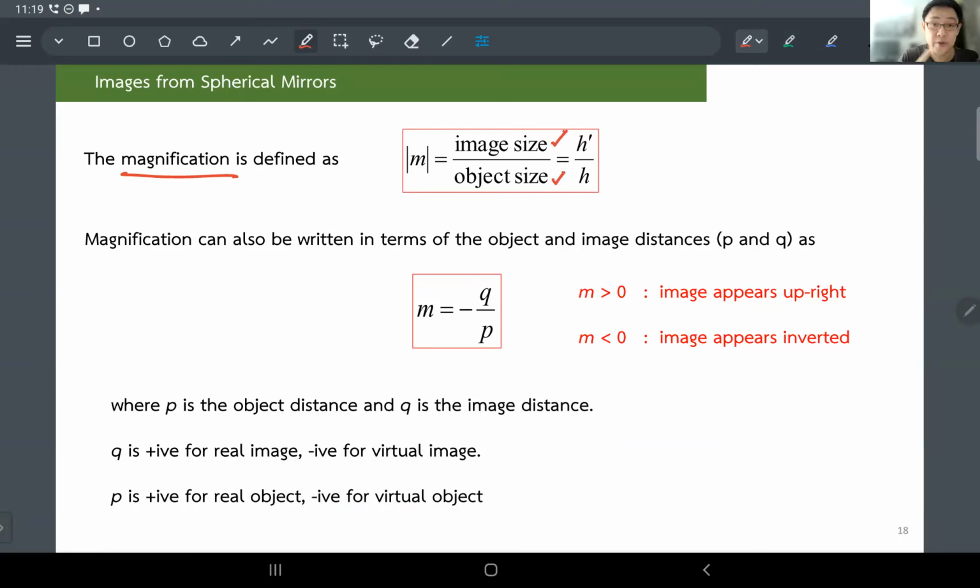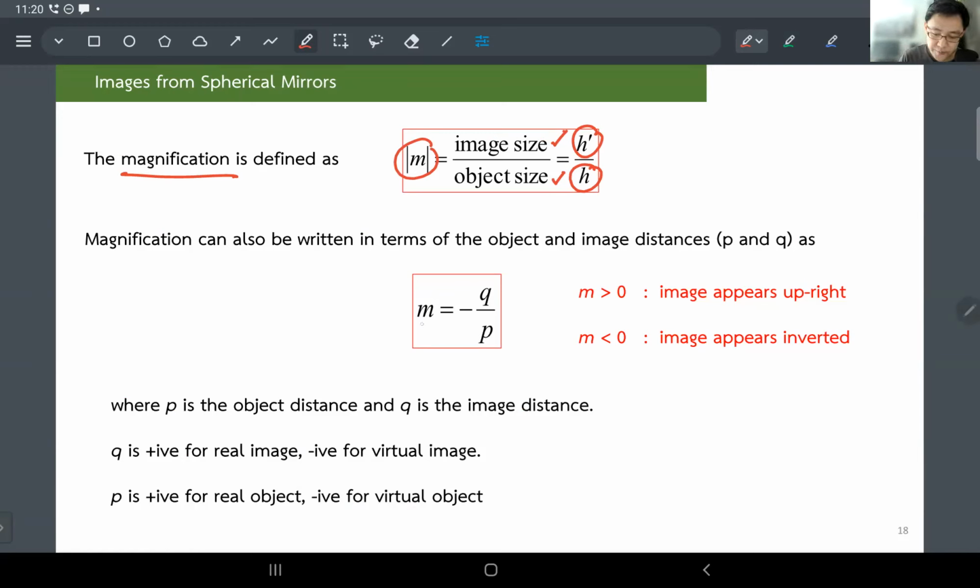Because we do everything in one dimension, you just have the height of the image divided by the height of the object. You get the magnification, and we call that M. But I'd like you to use this formula with a sign. I put an absolute sign there if you just want to know whether it's enlarged or reduced in size.